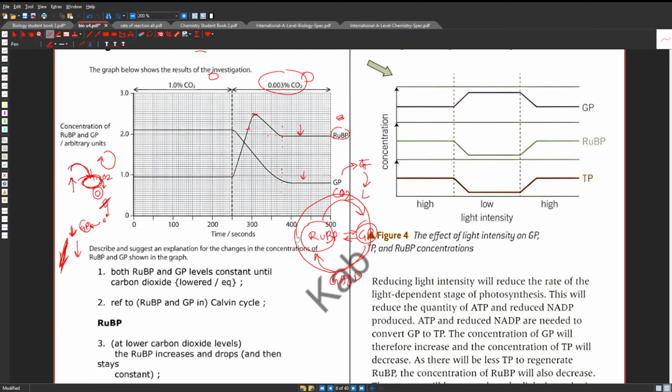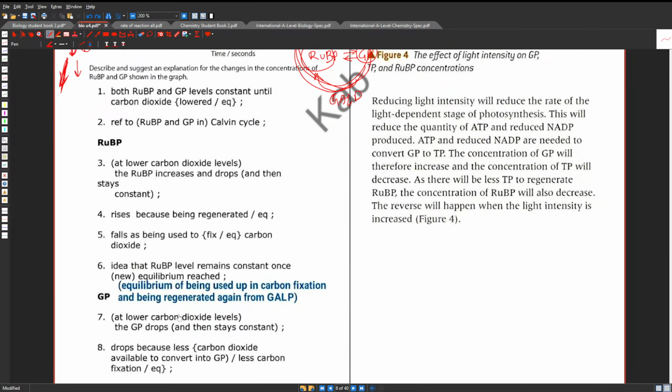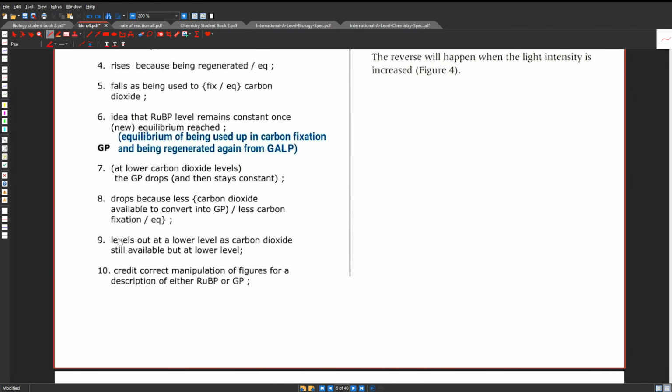So it is almost an equilibrium. But when you change one side of the reactant, the system will change, and that's what's going on here. At lower carbon dioxide levels, the GP level drops because there is less carbon dioxide to convert into GP, and less carbon fixation. It levels out at a lower level as carbon dioxide is still available but lower.